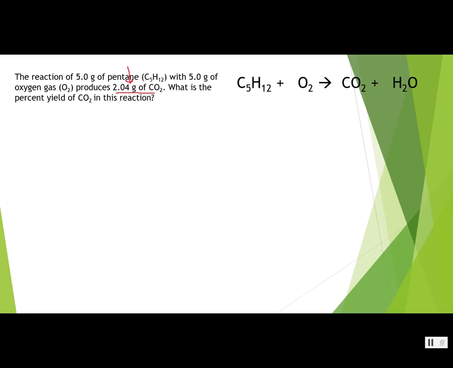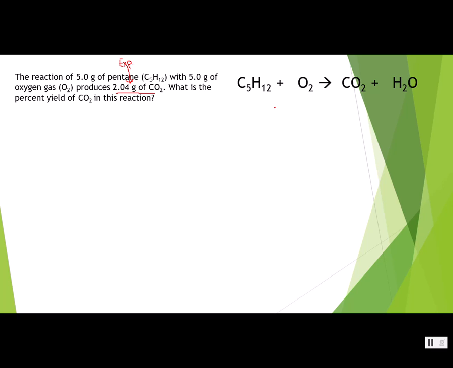That is how much is produced when doing the experiment in the lab, so this is the experimental yield. I want to know what the percent yield of carbon dioxide is in this reaction. As we just said, percent yield is experimental divided by theoretical or calculated, multiplied by 100. So we need to calculate the theoretical yield for this reaction.